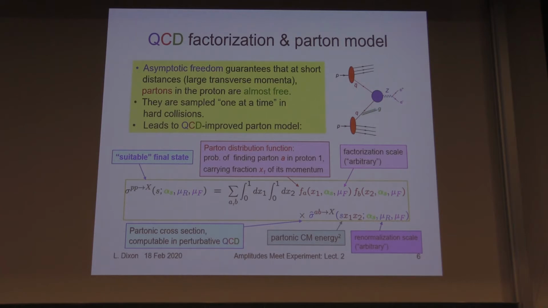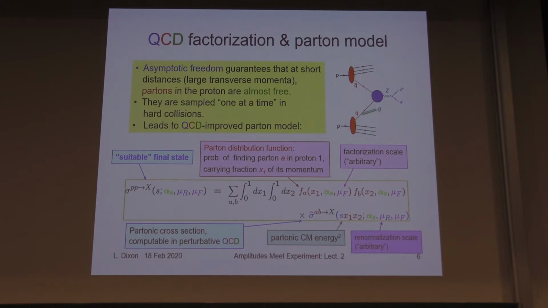So that's called multiple interactions. And those are modeled by Monte Carlos. People are trying to put them on more rigorous ground, but it involves more complicated distributions, double distributions, which depend on more variables. And the data is not nearly as good as for the leading twist contributions.